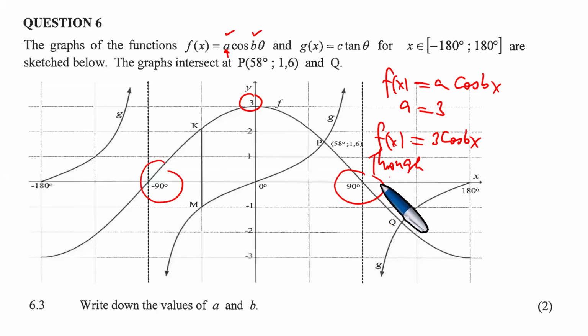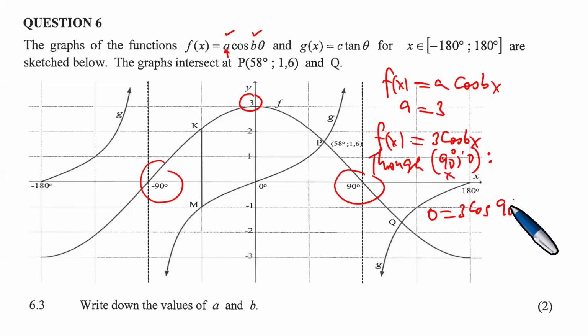We're going to say the function f passes through x is 90 degrees and y is 0. So 0 equals 3 cosine of 90 degrees times b. Dividing by 3, we get 0 equals cosine of 90 degrees b.